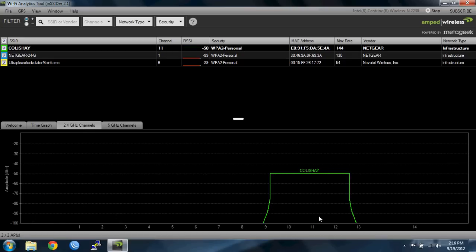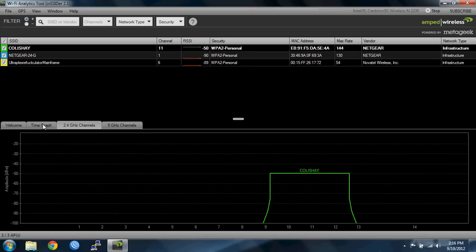So we're back here on channel 11 with Kalashay. And then also the Netgear that keeps coming in and out, and you'll see it's got a very low signal strength, very, very low. So that's why we see it coming in and out. Typically speaking, when it comes to signal strength, like I said, you want to have something that's negative 70 or better, because then you will start to have issues with packet loss, dropped connections, slow connections, so on and so forth.